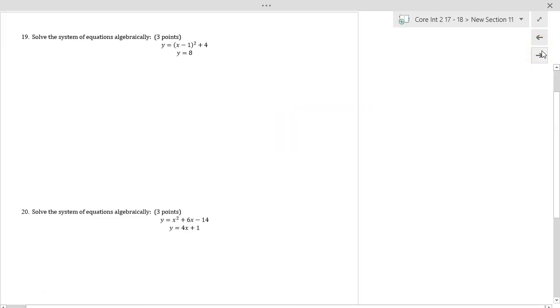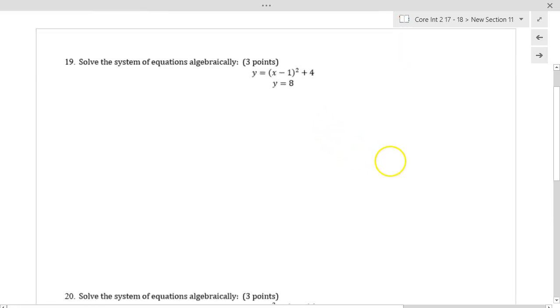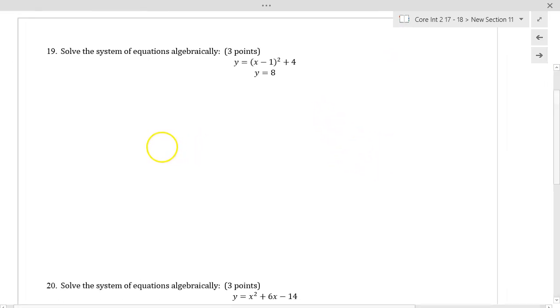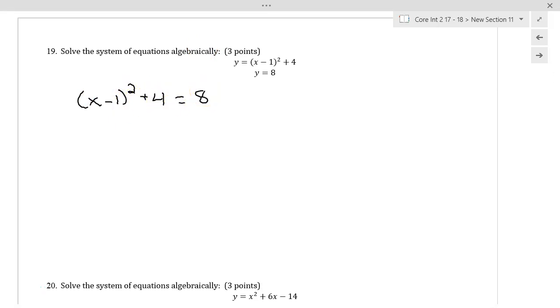All right, looking at number 19, y equals (x minus 1) squared plus 4. Okay, my first step, remember, is to set my two equations equal. (x minus 1) squared plus 4 equals 8. Now, again, I'm deciding how I'm going to solve this. I'm going to solve this one by taking the square root.